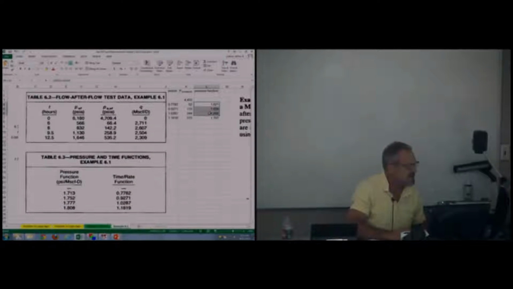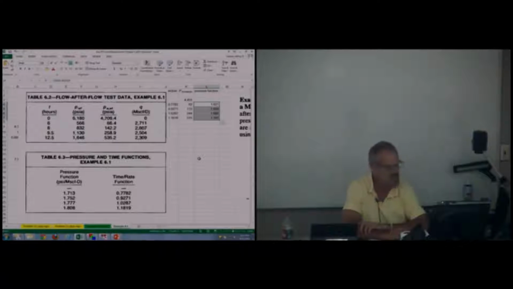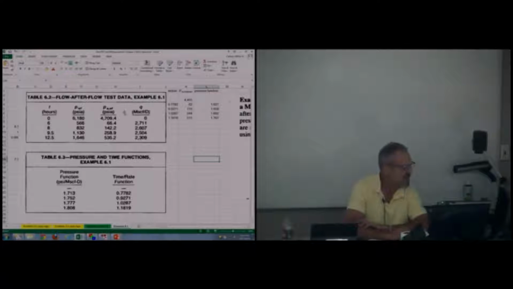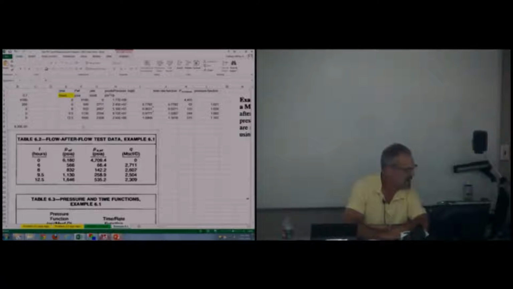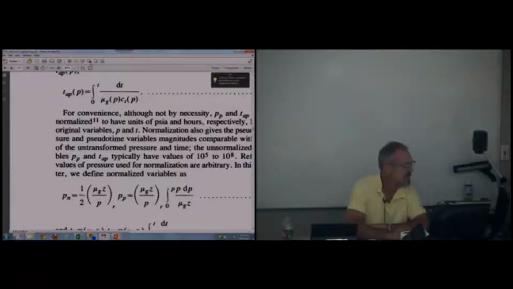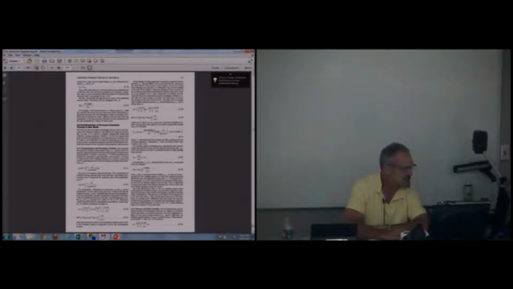So here's my numbers, and their pressure function goes from 1.7, 1.75, 1.77, 1.8, and mine are all a little bit smaller, because my normalized pressures are different, because my pseudo pressures are different, because I'm using a different viscosity correlation. Let's just keep moving. Now I have all the data I need to make the plot that I've been asked to do.